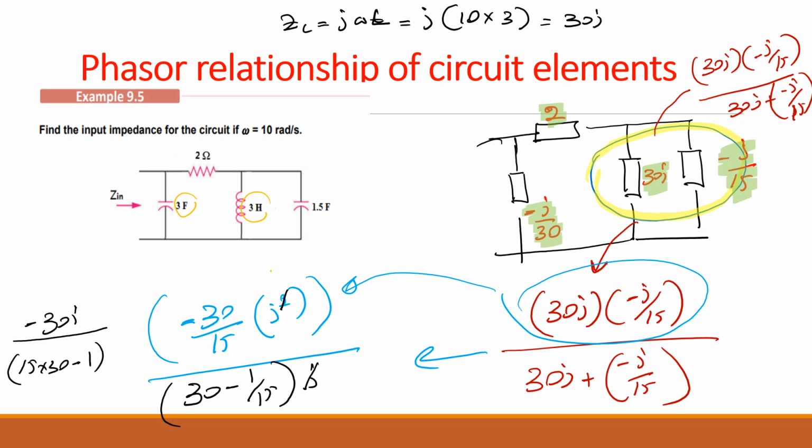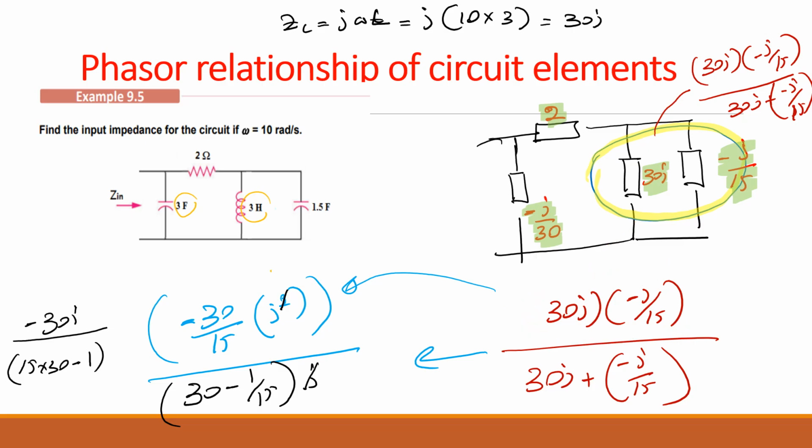So if you put these numbers in the calculator, I get 30 divided by, in brackets, 15 times 30 minus 1. So that will be, I get this as 0.07.